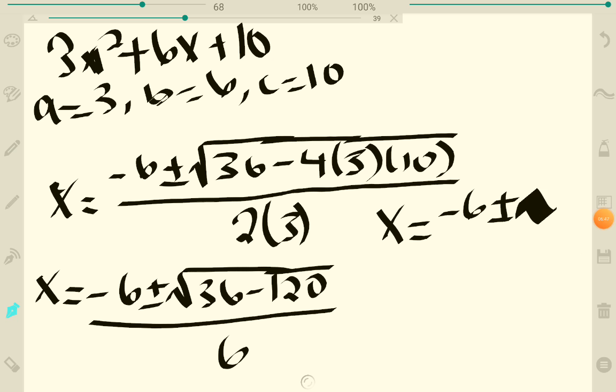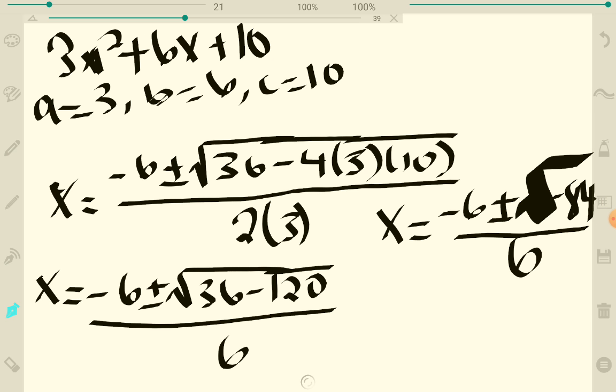So x equals negative 6 plus minus, and when we subtract, we get the square root of negative 84 over 6. So since we have a negative right here, we use something called i, which is equal to the square root of negative 1.